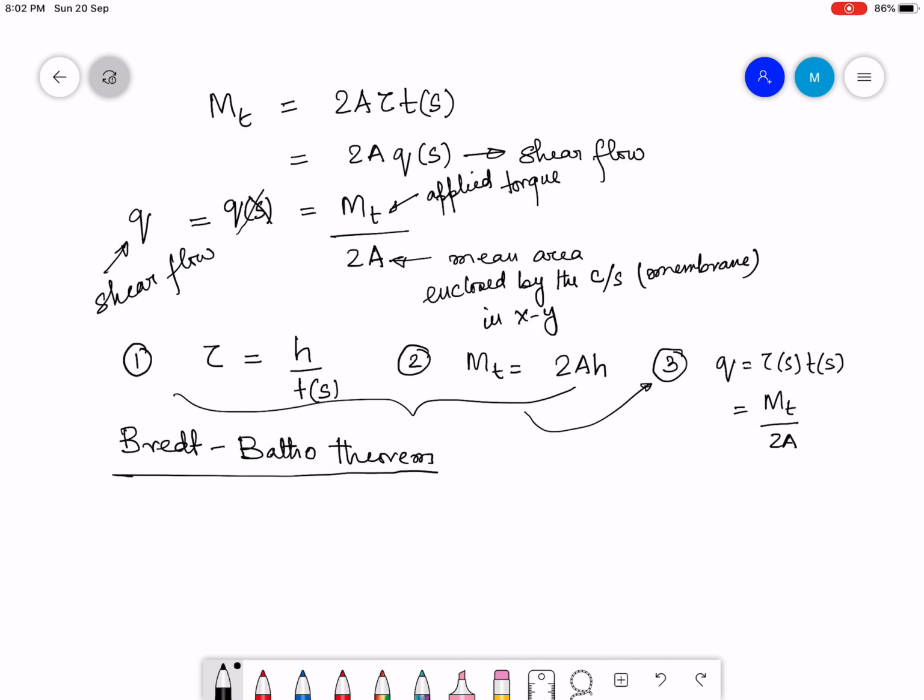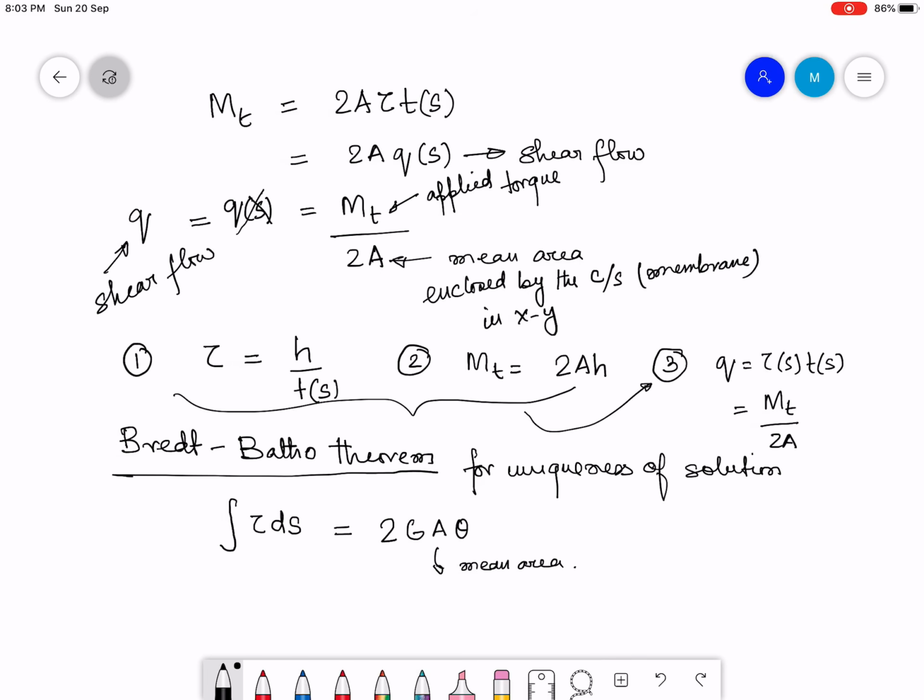It states that for the uniqueness of the solution that we have achieved, the integral of shear stress over ds has to be equal to 2GA theta, where A is again the same mean area enclosed by the cross section in XY.